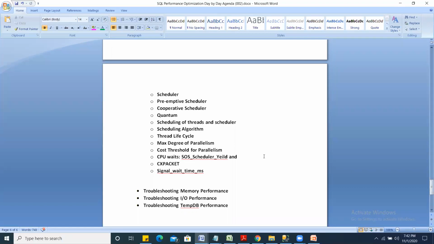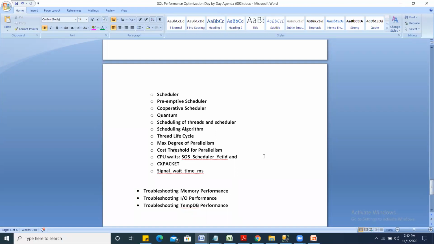As I told you, when I talk about waits, say for example thread pool wait, thread pool wait comes due to thread pool starvation. You have to understand thread pool starvation. Thread pool starvation is related to workers. Workers are related to schedulers, and scheduler is related to SQL OS.